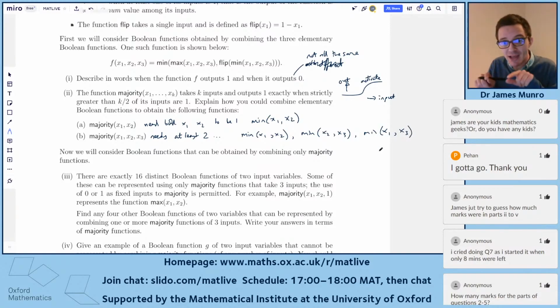So I look at all the possible pairs. I've got these 3 things. I don't know which one, but if two of my inputs are 1, one of these things is going to fire off and be 1. So what do I want? I would take the maximum value of all of this, so that as soon as one of them fires, max lights up and says, aha, one of these is 1. There are loads of other expressions, loads of other ways to write this.